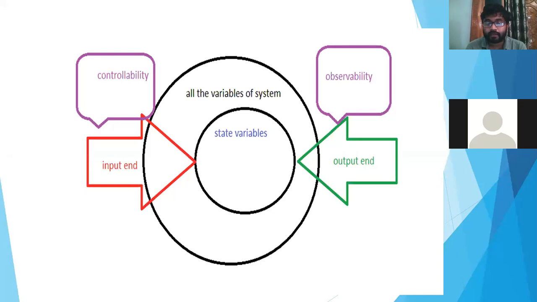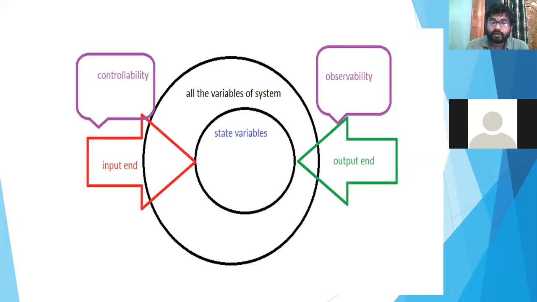See here in the diagram I have given to you. The bigger circle is all the variables that are available in the system. If you recollect the very first example we have solved, in that example I have taken a simple RLC circuit and I have obtained its state space representation.